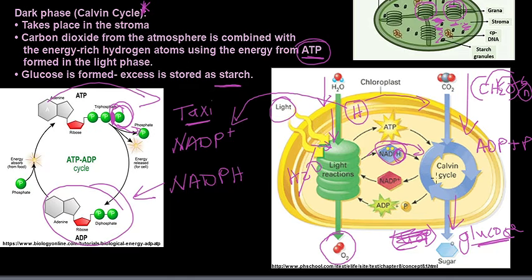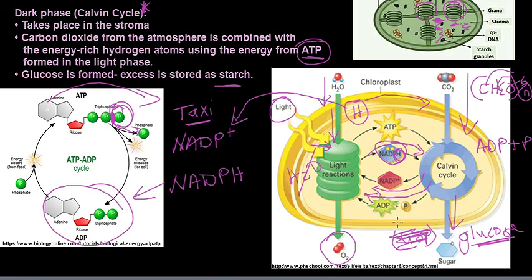But this has to go back, because this is a cycle, remember? So this ADP is going to go back, as well as the NADP plus, which has now dropped that hydrogen, is also going to go back to the light phase, so that it can assist with the next reaction to take place.